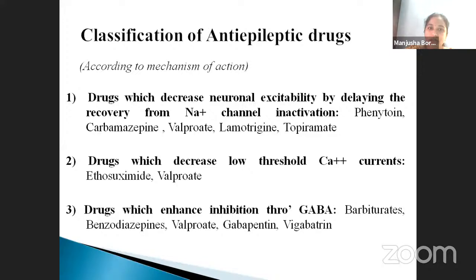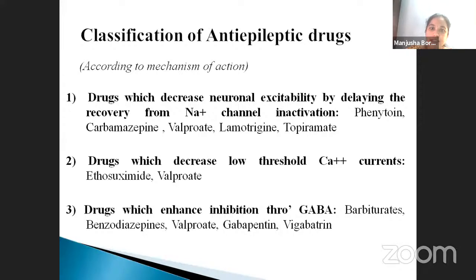On the basis of mechanism of action, these antiepileptic drugs are classified into three categories. Drugs which decrease neuronal excitability by delaying the recovery from sodium channel inactivation, like phenytoin, carbamazepine, valproate, lamotrigine, topiramate. Then drugs which decrease the low threshold calcium current, like ethosuximide or valproate.